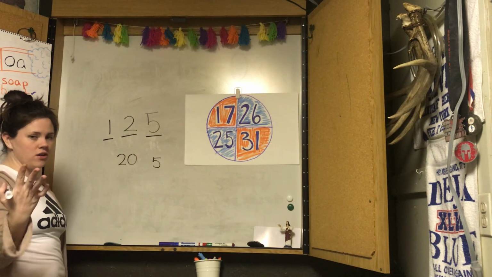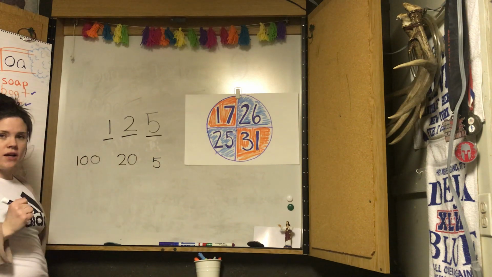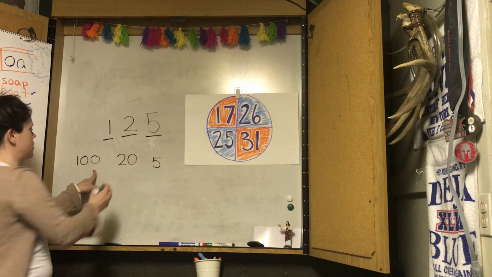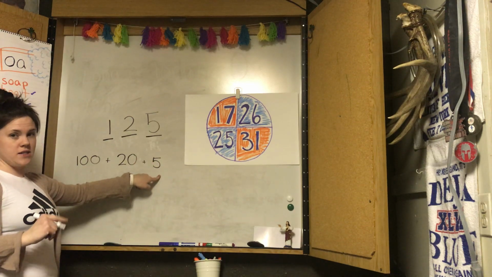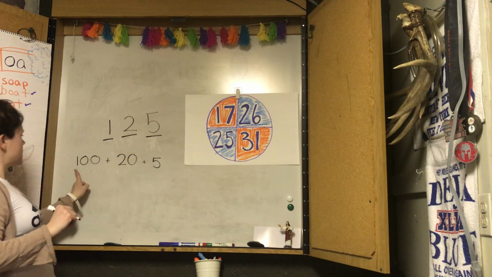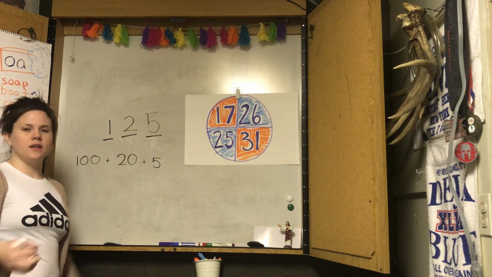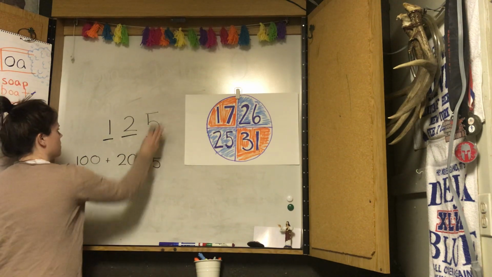So I know that the value of that digit is 100. 100 plus 20 plus 5 is another way that I can write this number. This is our standard form. This is our expanded form. And these are all things that I know. And I know that you know too, my smarties.